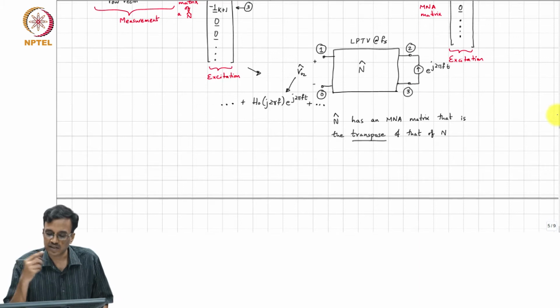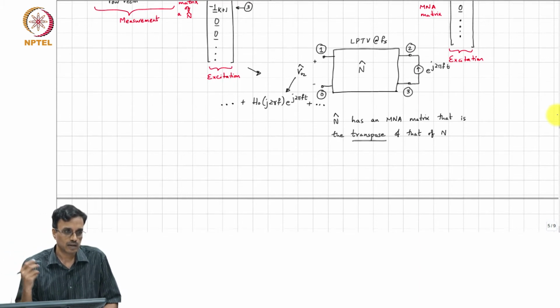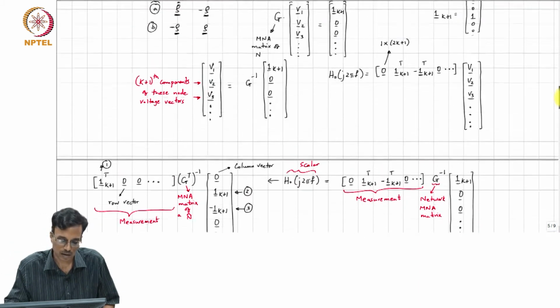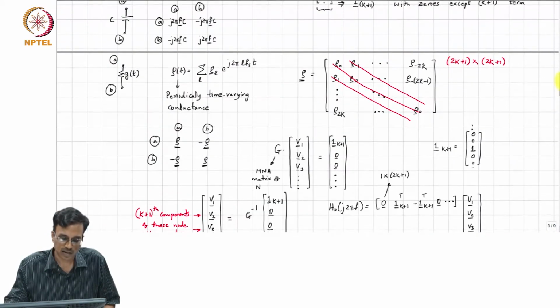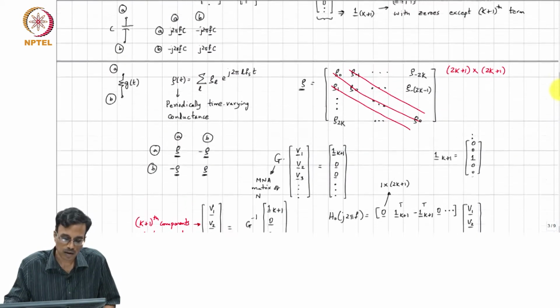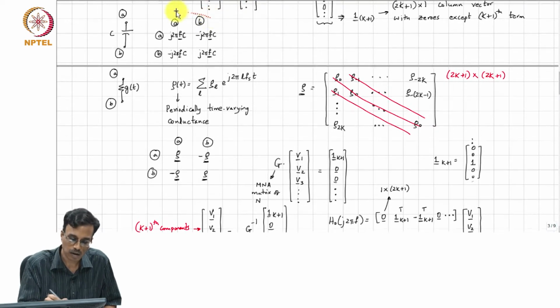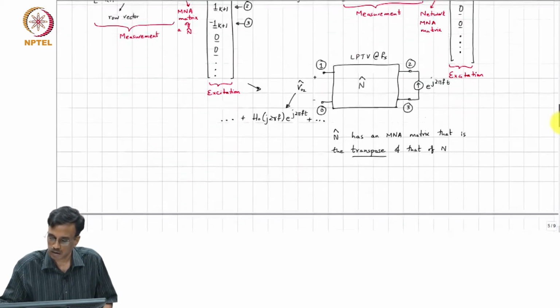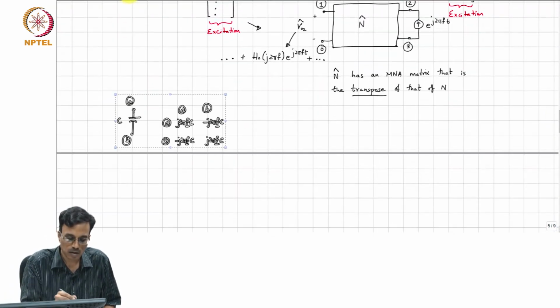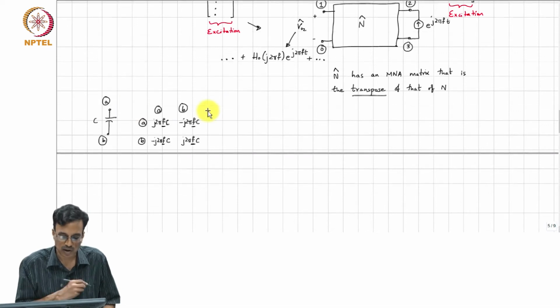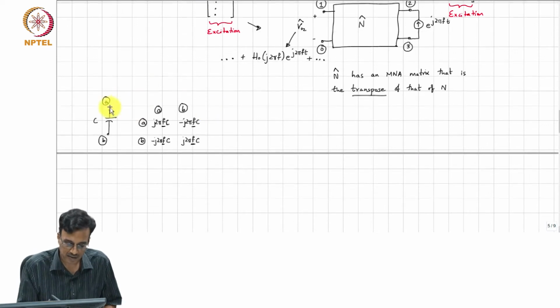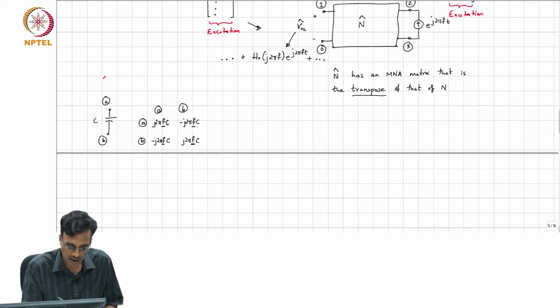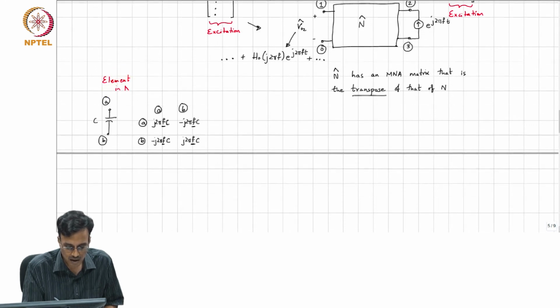Now, how do we generate n hat? Well, we take the individual elements that are there. Well, this is the original element, or let me call that element in n.